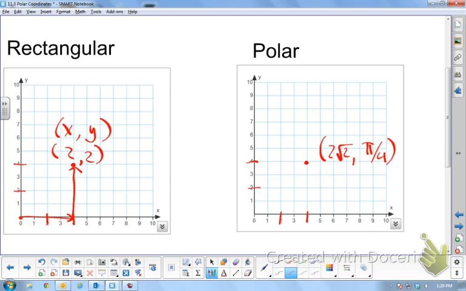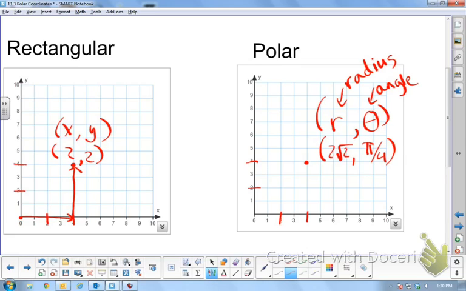When we are in polar coordinates, instead of counting from the origin right and up, we're going to have r for a radius and theta for an angle. So angle-wise, we should have familiarity with that from trig.